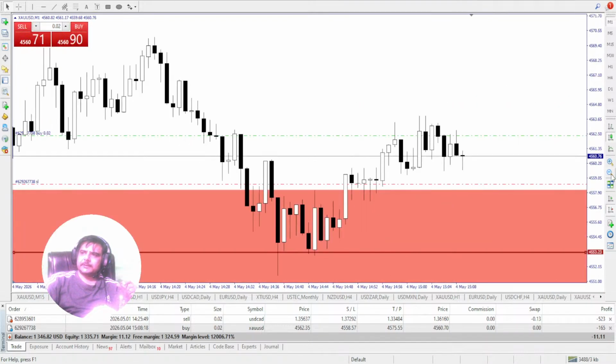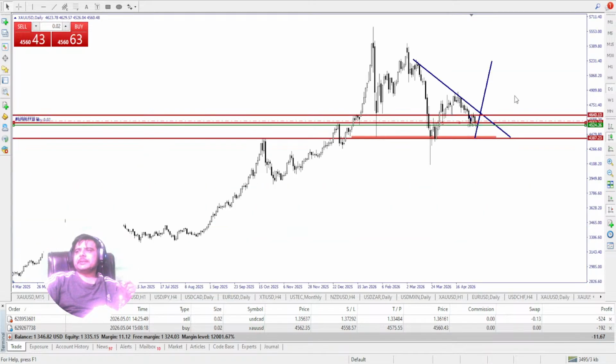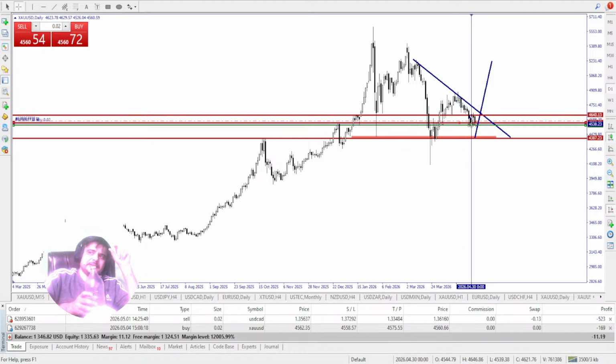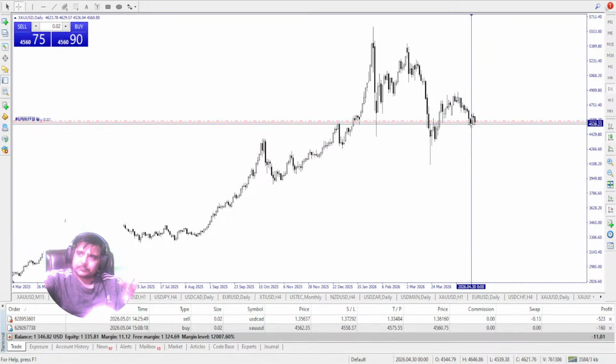I throw the ball. Now I was saying, my friends, this place, you see, the buyer is interested in it, the seller is interested in it. Obviously the buyer wants to take it to 52.31 again, and the seller wants to do what?